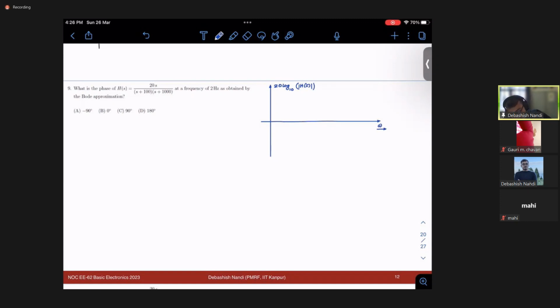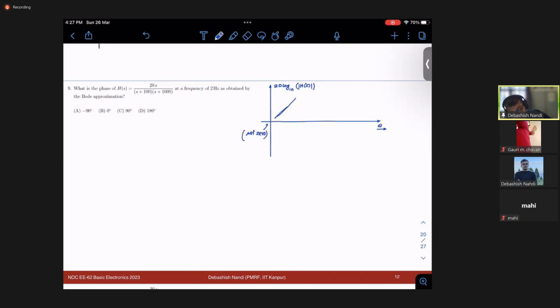So what do I see? I see that there is a zero at this point. Let me not mention what this point is on the dB scale. This is not zero, okay? Let me mention it explicitly.